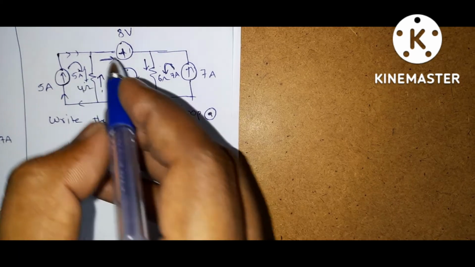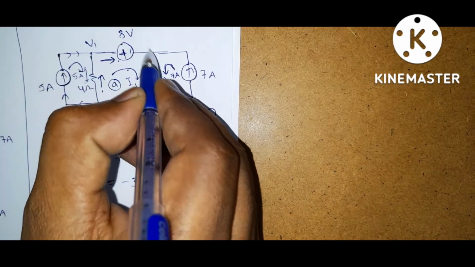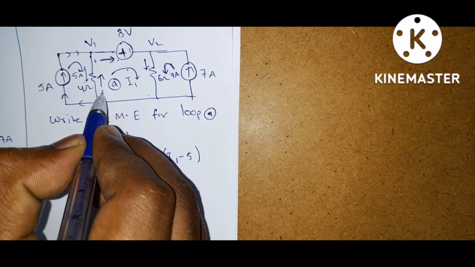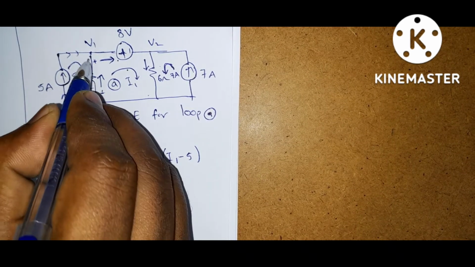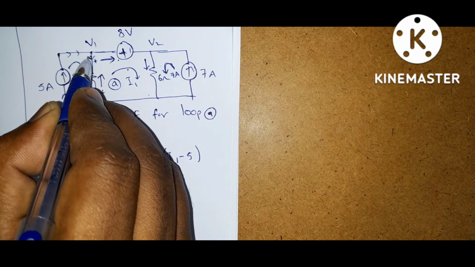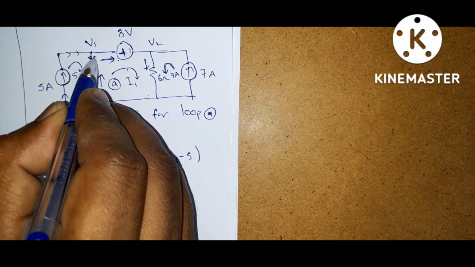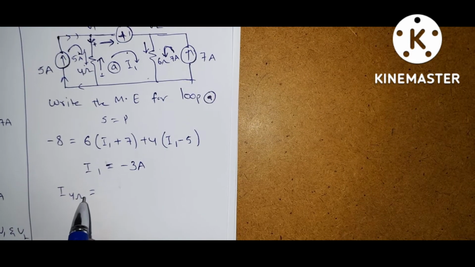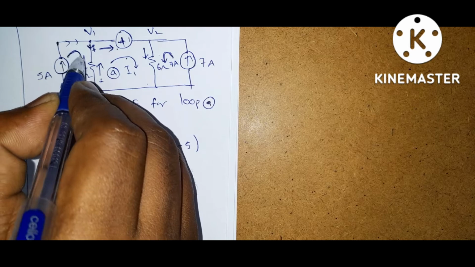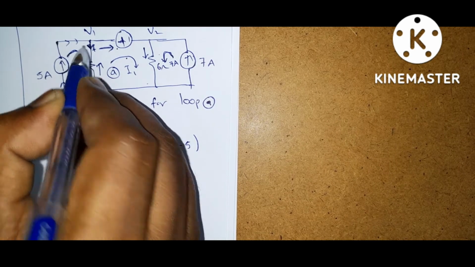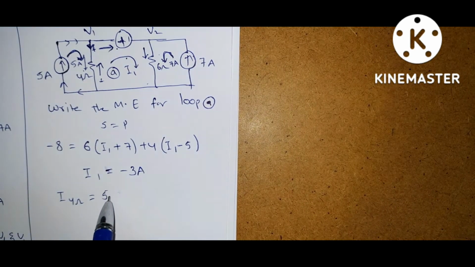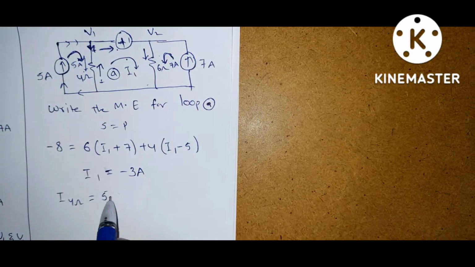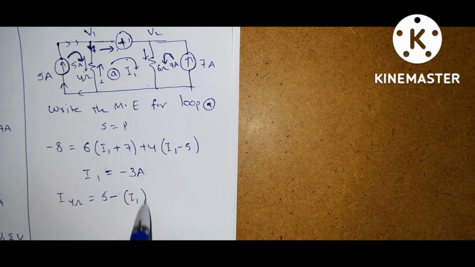Now I want to find out V1. This is V1, this is V2. V1 is, this is plus, this is minus, this is plus, this is minus, means current should enter here. So what is the current now? The current in the 4 ohm is equal to, this current is flowing in the same direction, so it is 5, but here this current is opposite to this direction, so it is minus I1.